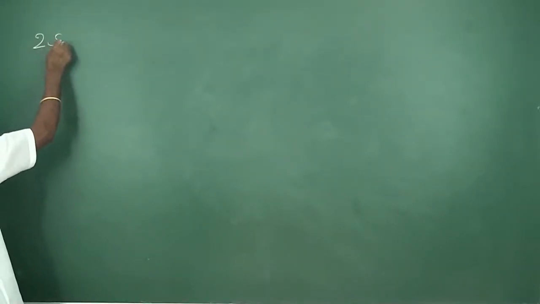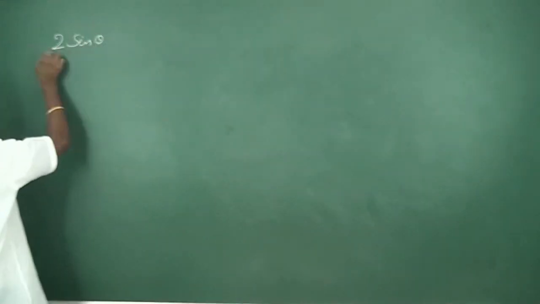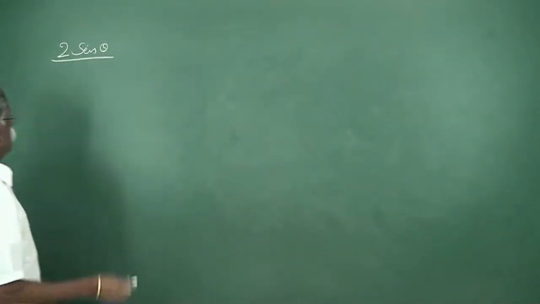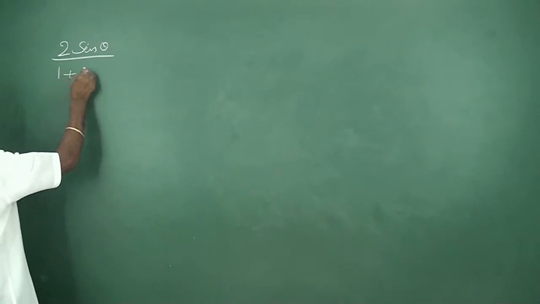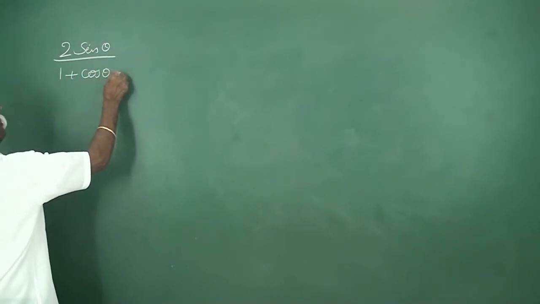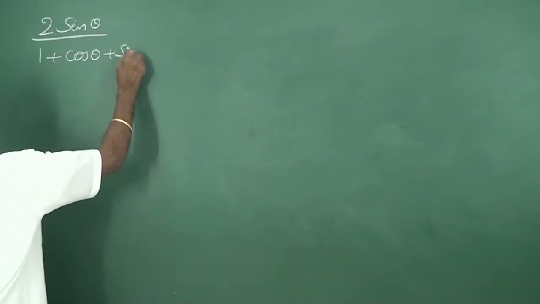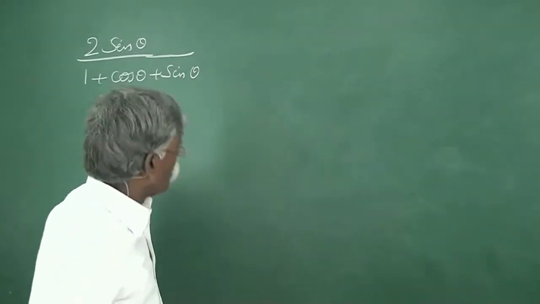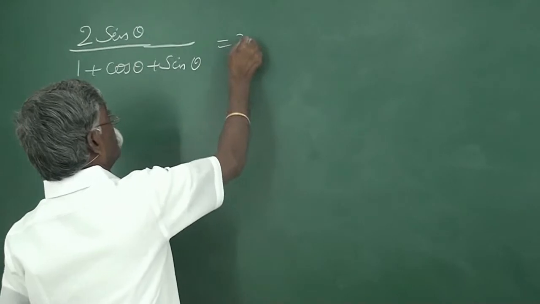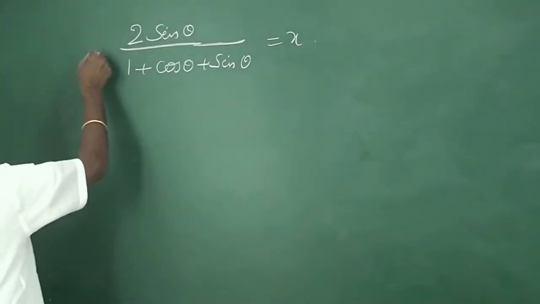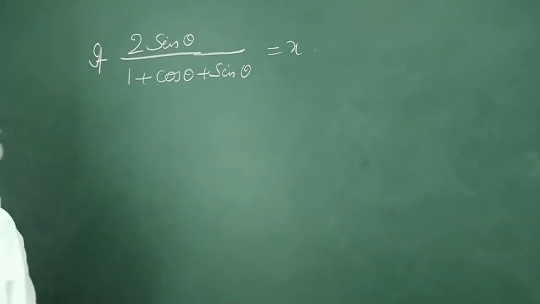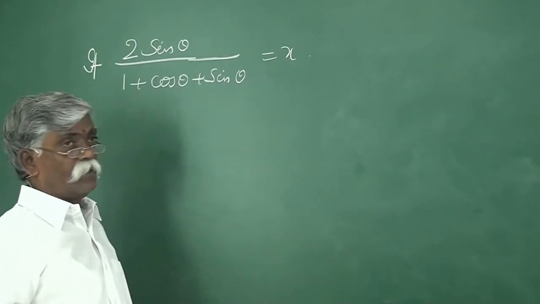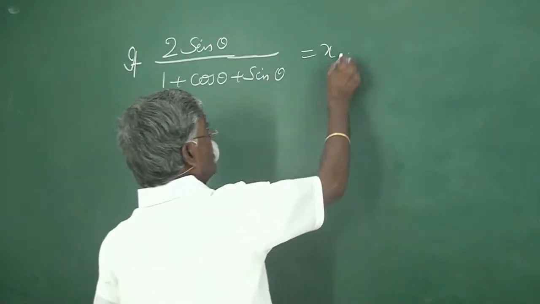sin theta by 1 plus cos theta plus sin theta is equal to x. So, 2 sin theta by 1 plus cos theta plus sin theta equal to x.